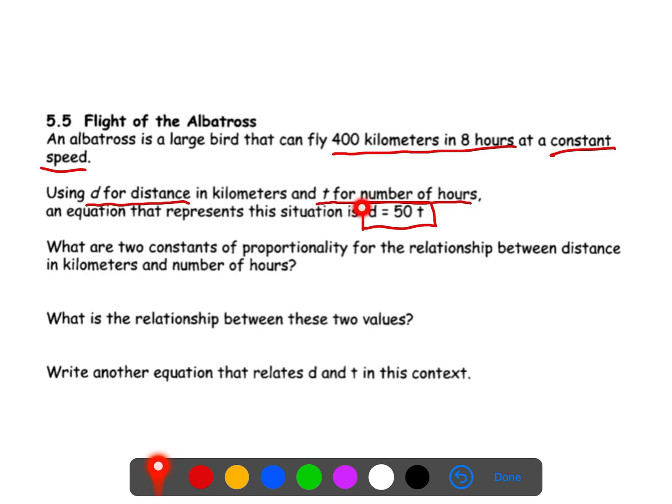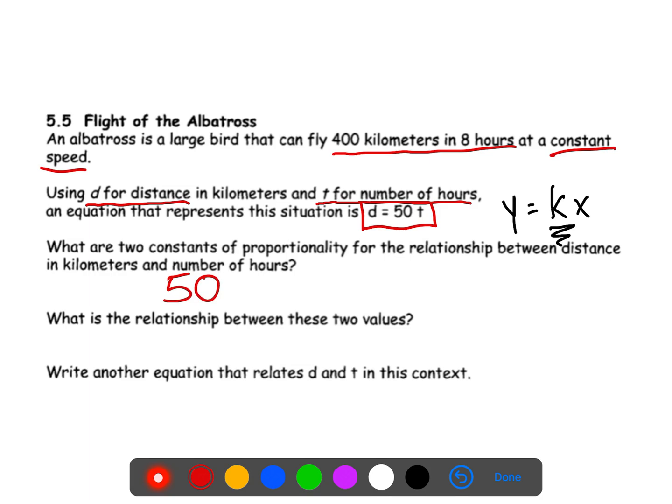Now let's look here. I know, looking at this equation, this value here is going to be one of the constants of proportionality, just because of the way the equation should be set up. y equals k times x gives me my constant of proportionality there. So I already know that. One constant of proportionality here is going to be 50.